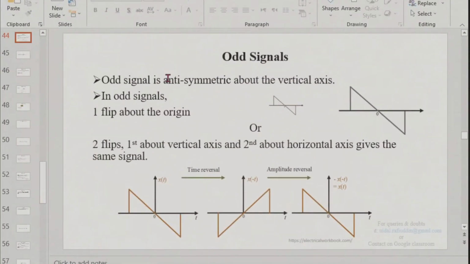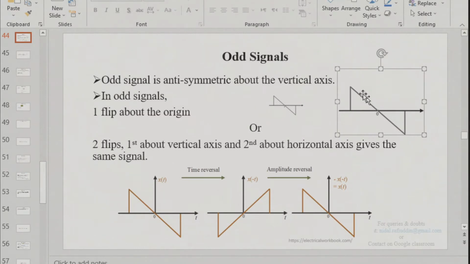Let me first discuss. If we flip about the origin, you're going to get the signal one way. The second says that if you flip about the vertical axis and then about the horizontal axis, it gives the same signal in case the signal is odd. So for example, if we have a signal here, the first says to flip this about the origin.